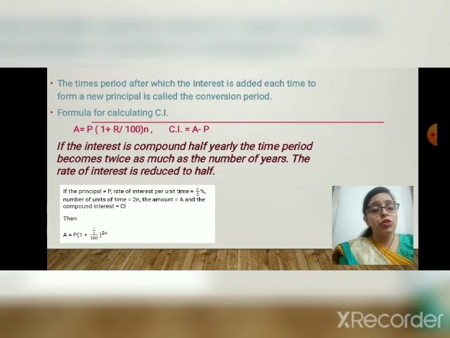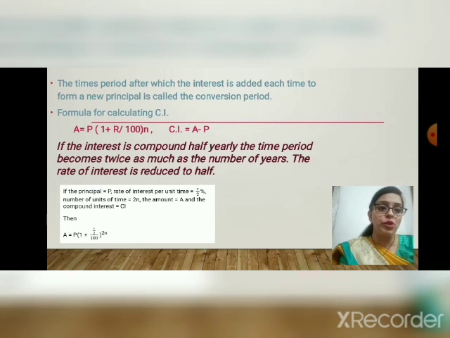Now, there are so many cases. What we discussed first is the yearly one. But if the interest is compounded half yearly, the time period becomes twice the number of years.